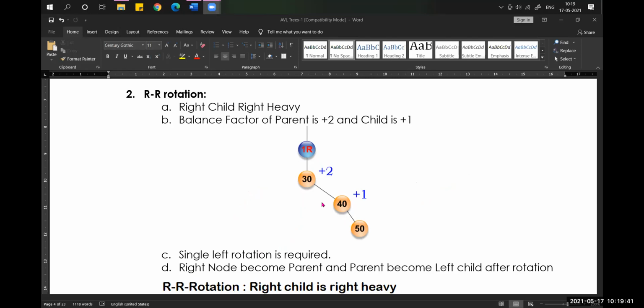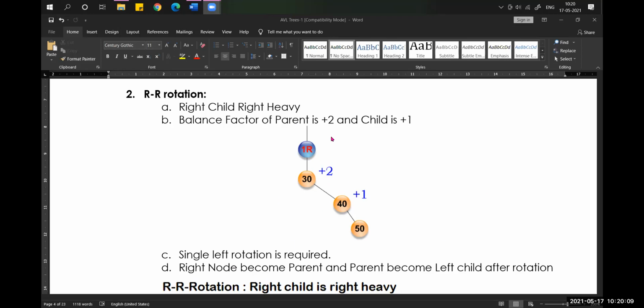How to do it? Same as the previous one, just the opposite. What should we do here? Left rotation. Whenever the tree has RR, an RR rotation, then we have to do a single left rotation. Why do we have to do a single left rotation? Then the imbalanced one becomes a balanced tree.